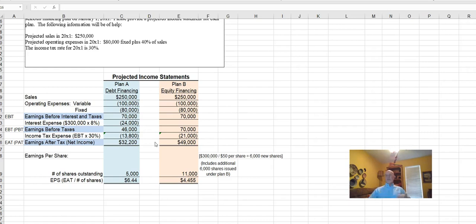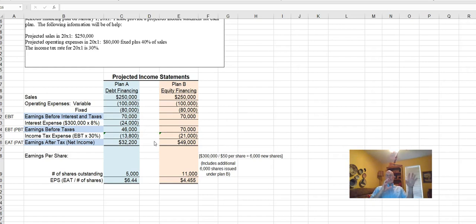So the after-tax cost of interest is less than that $24,000 that we talked about. That's an important consideration as well. Or another way to look at that is if you just stop right here, the equity plan looks better because we have more income. But let's think about this from the stockholder's perspective.